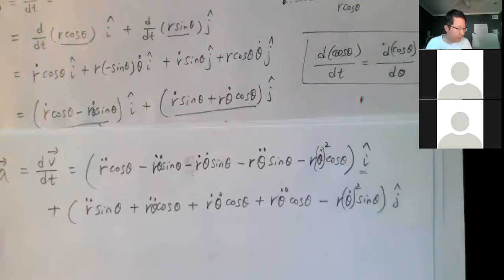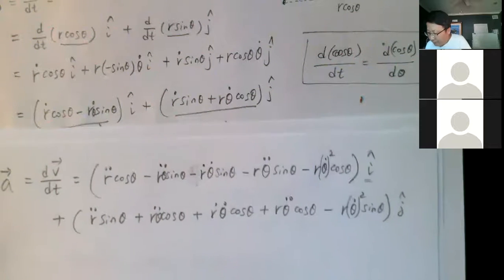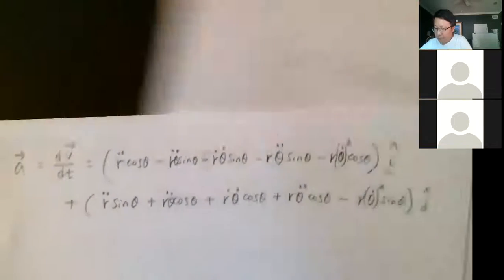One, two, three, four, five term, correct? Okay, so this is A.